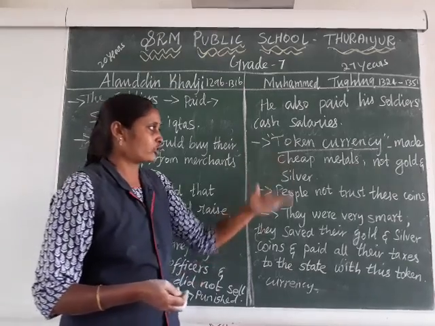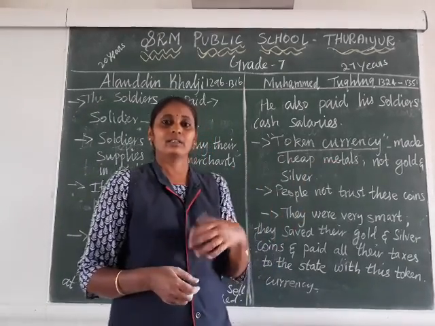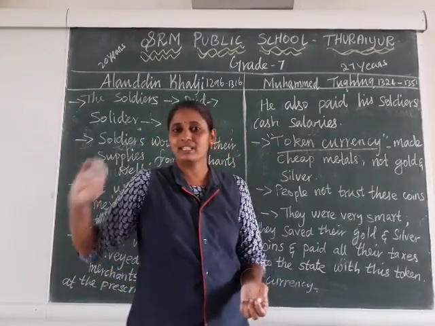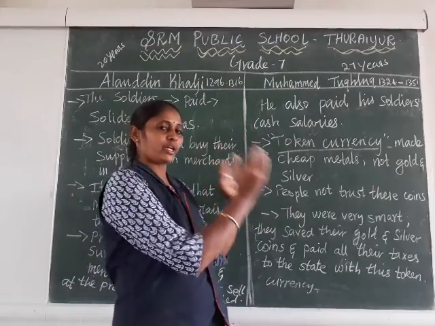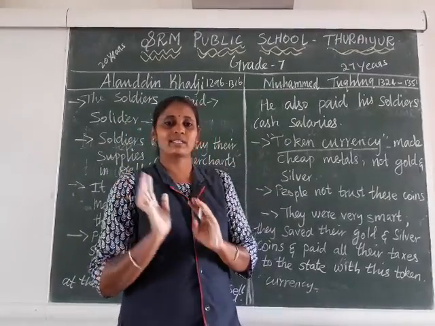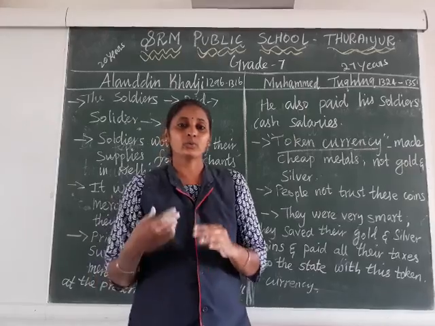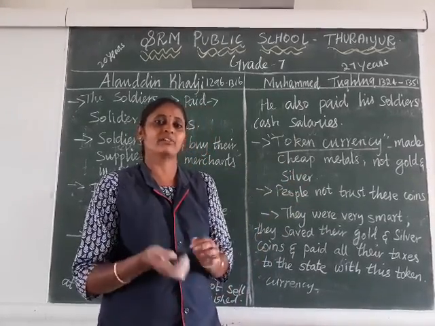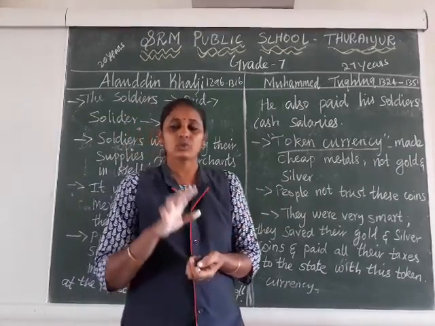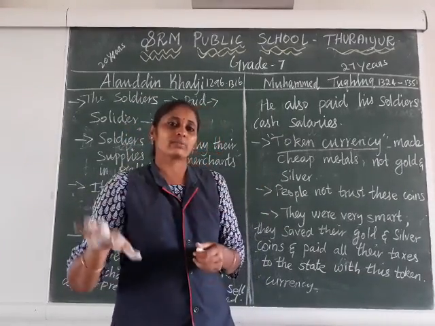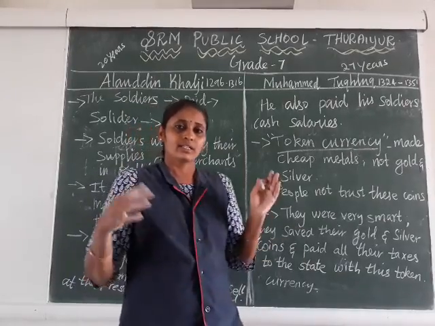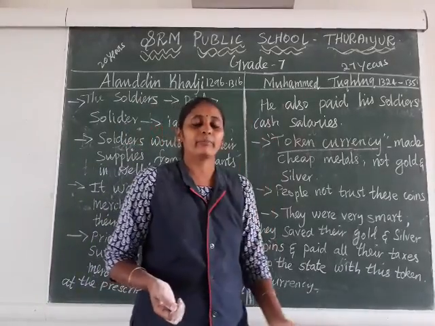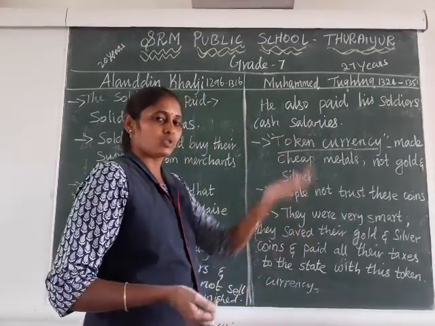So when he introduced the token currency, the wealthy and normal people were not ready to use their gold and silver coins. They kept the gold and silver coins in their homes and started to use this token currency. Some clever people started to make coins themselves. That's why many illegal coins emerged in the market, and the entire country's economy fell down.